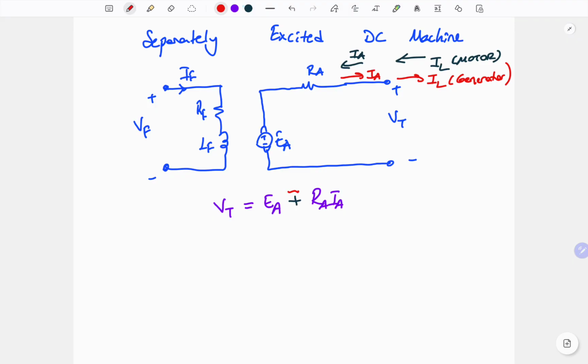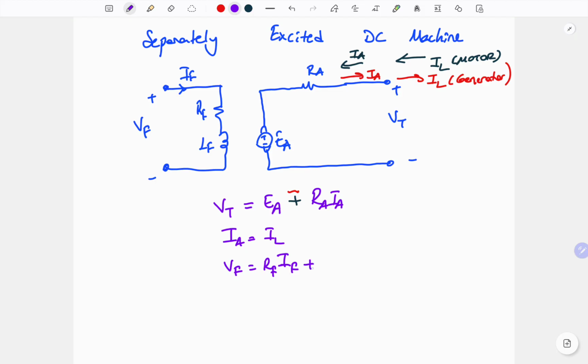To show the current relation of these parts, rotor and generator, we can write IA will be equal to IL. And for the field side, VF will be RF times IF.